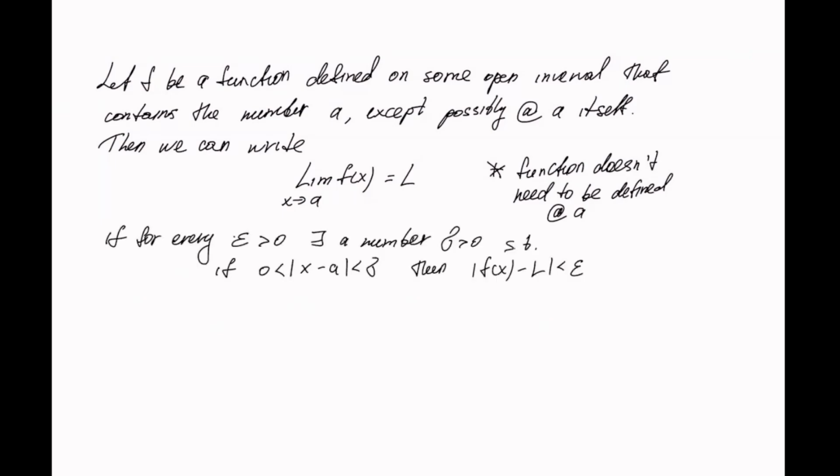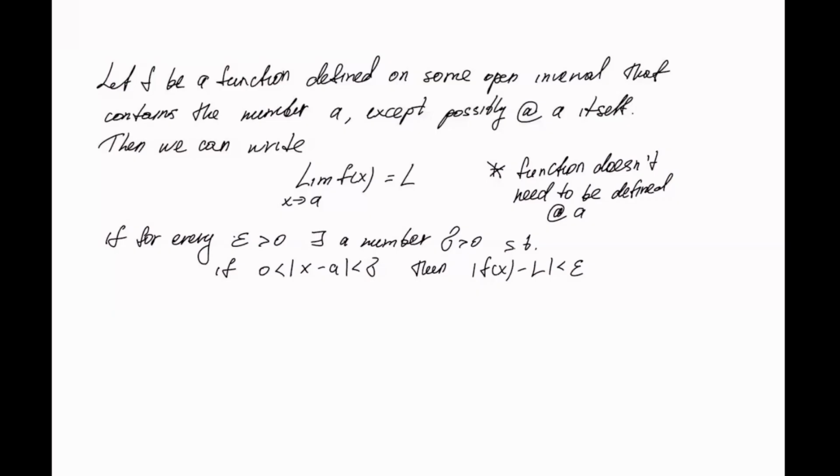So then, if for every epsilon greater than 0, there exists a number delta greater than 0 such that if the absolute value of x minus a is less than delta but greater than 0, then the absolute value of f of x minus L is less than epsilon.